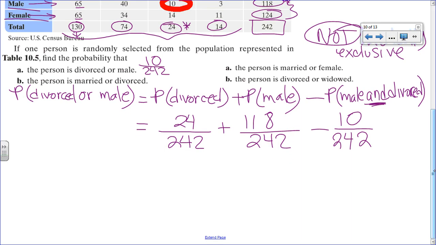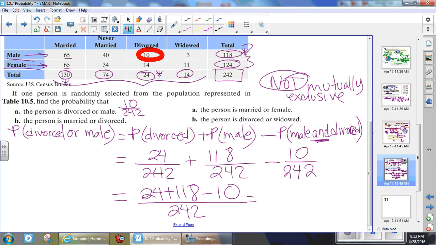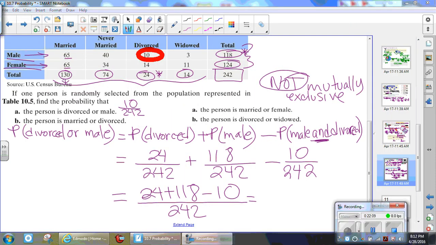So, if we have 24 plus 118 minus 10 divided by 242, that will be 132 divided by 242.